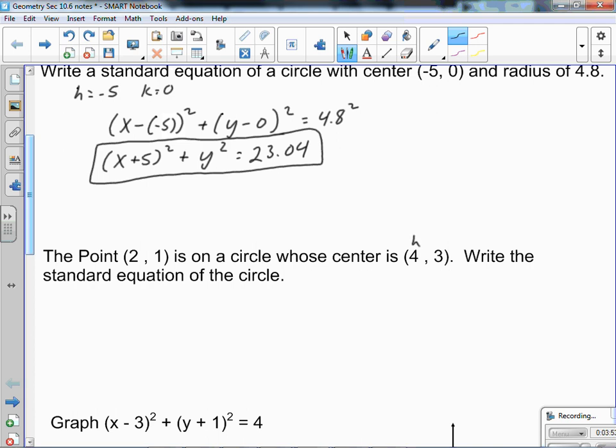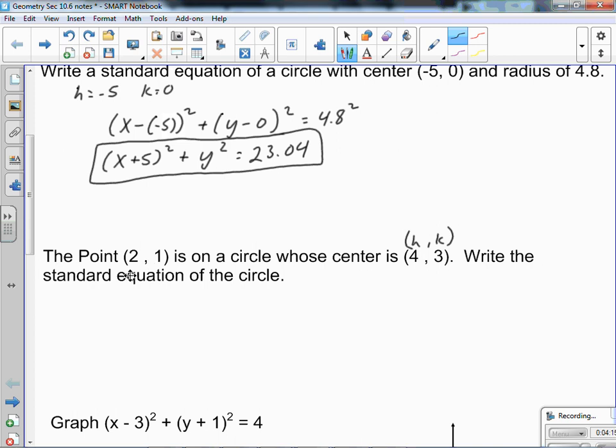Our center takes care of the h and k, but we need our radius, and in order to find the radius, we've got to figure out what the distance is between our center point (4, 3) and the point that's on the circle (2, 1).